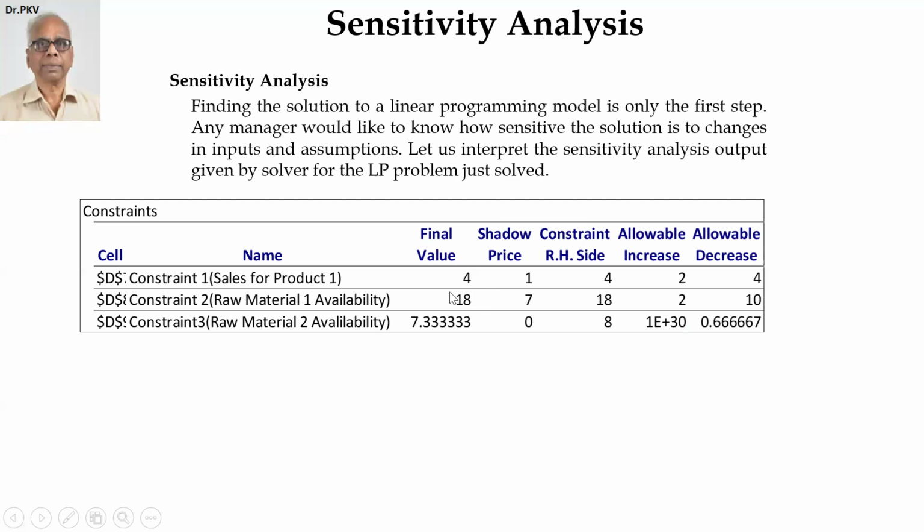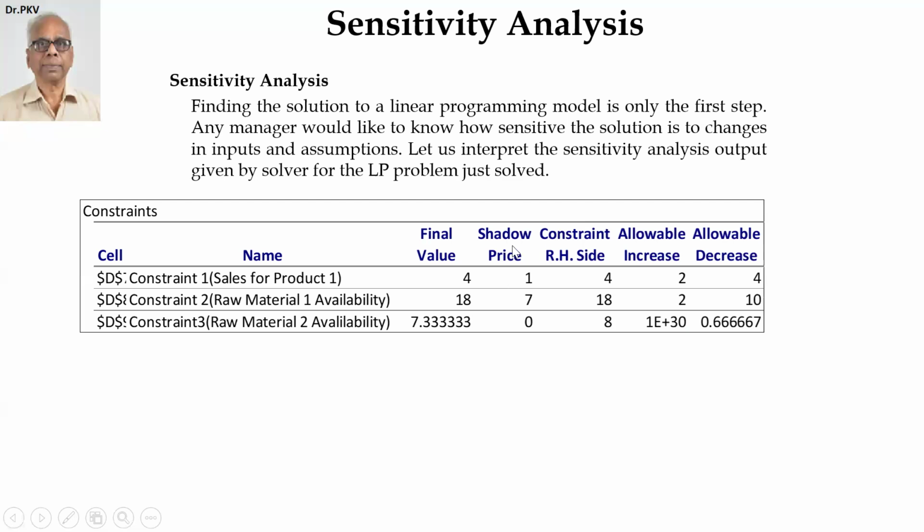The maximum availability 18 is also satisfied. The maximum availability of 8 kg is not fully satisfied for raw material 2, and 0.67 is the shortfall because this is the best solution possible. In other words, you are not in a position to use 0.67 kg of raw material 2.